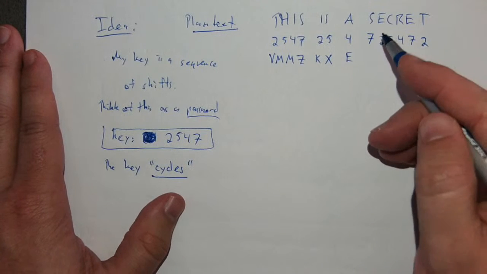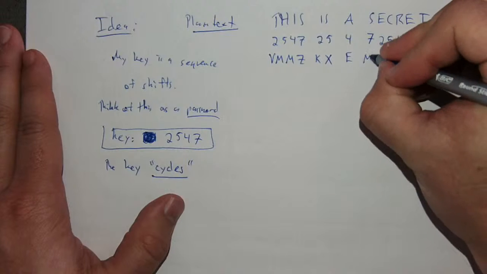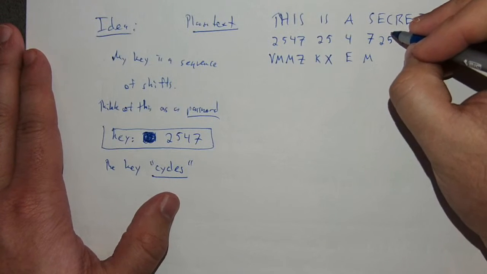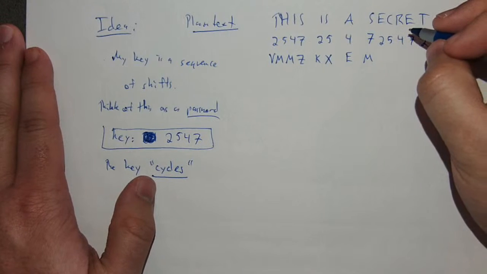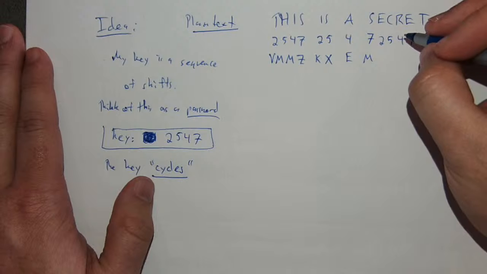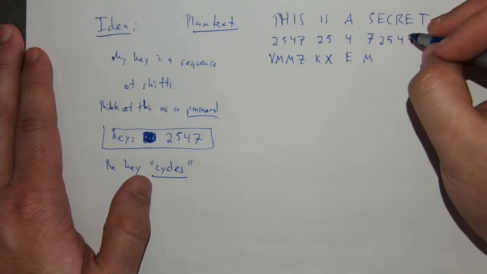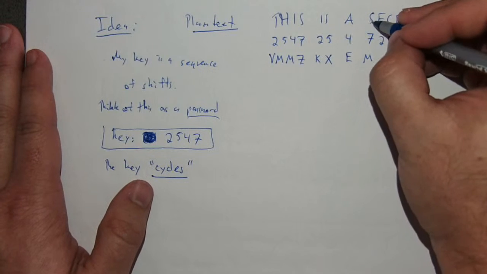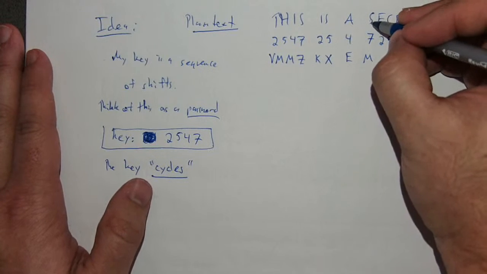Okay, so S gets shifted 7, so it becomes an M. Sorry, is that right? Wait a minute. That's not right. If S is getting shifted 7, this isn't an M. S is 18.